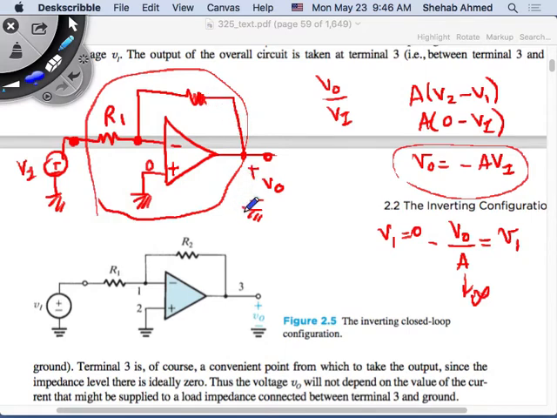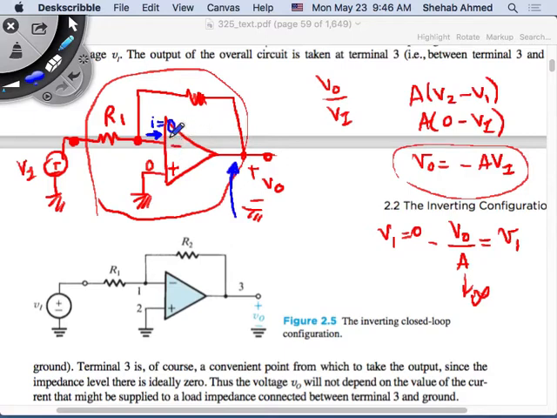There's a loop here. This is ground. There's a loop here, and there's a resistor here, and again, this is an op amp with infinite input impedance, correct? So the current into this op amp terminal is what? 0. So I here is equal to 0.